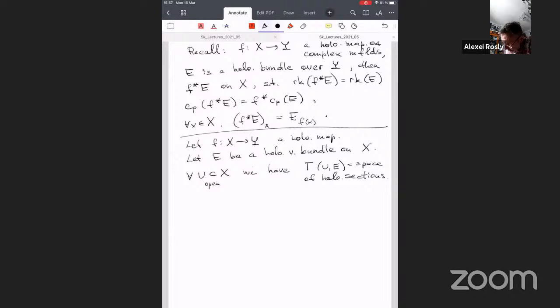So if we want to construct a bundle over Y, we shall look at the sections.